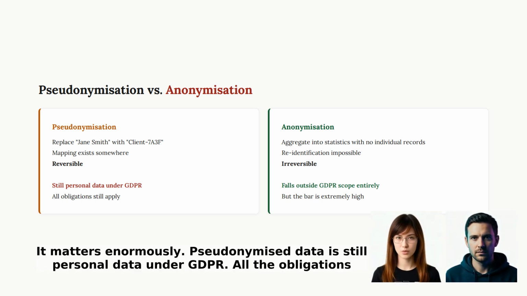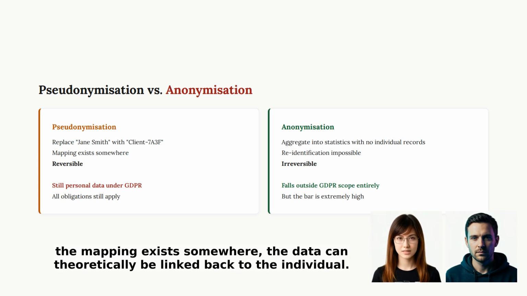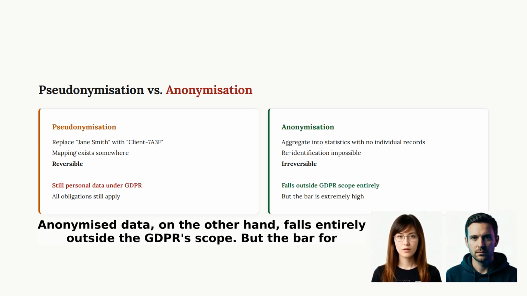It matters enormously. Pseudonymized data is still personal data under GDPR. All the obligations still apply: consent, data subject access requests, breach notification, everything. Because the mapping exists somewhere, the data can theoretically be linked back to the individual. Anonymized data, on the other hand, falls entirely outside the GDPR scope.